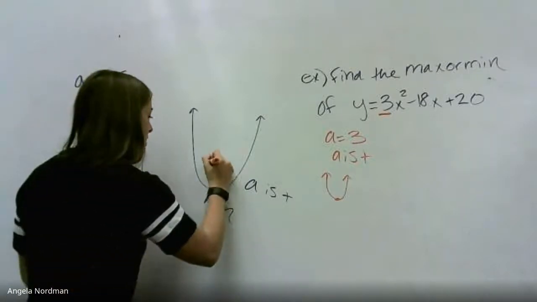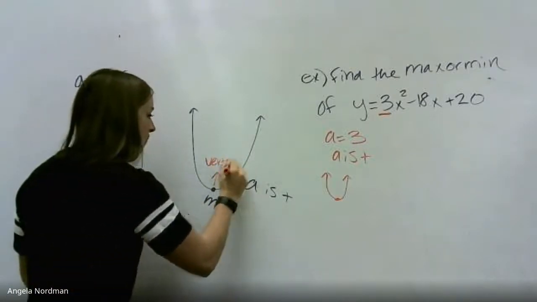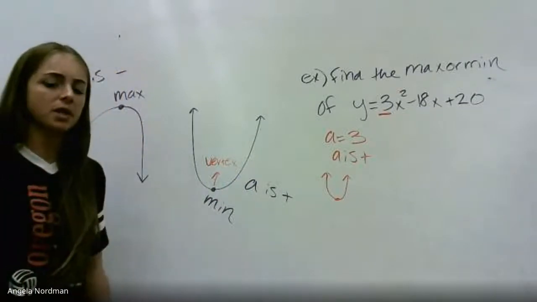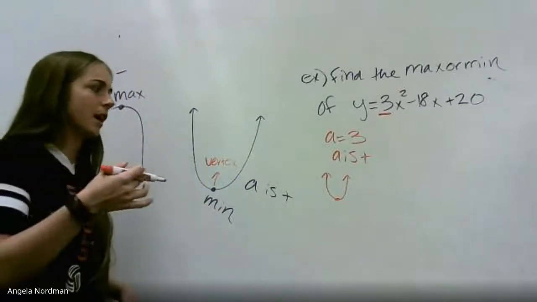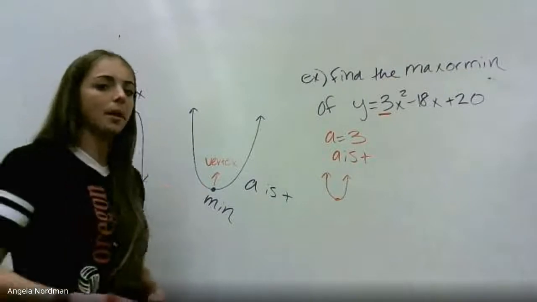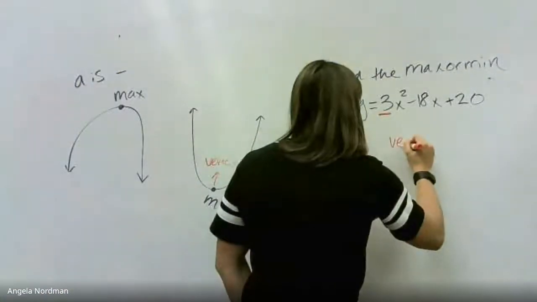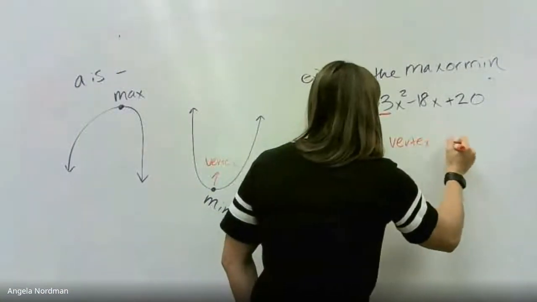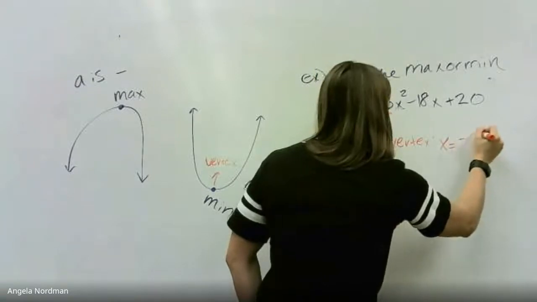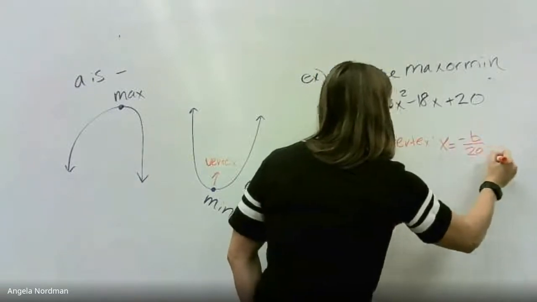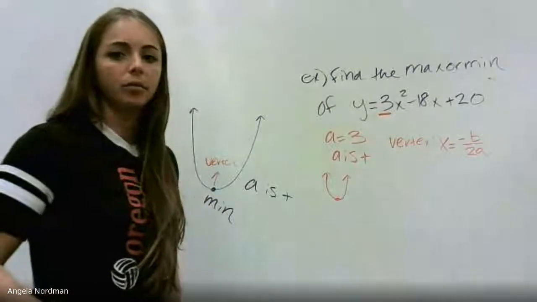So this is actually the vertex. So how do I find the vertex? That's the same way I'm going to find my maximum or my minimum. The vertex equation is x equals negative b over 2a, right?